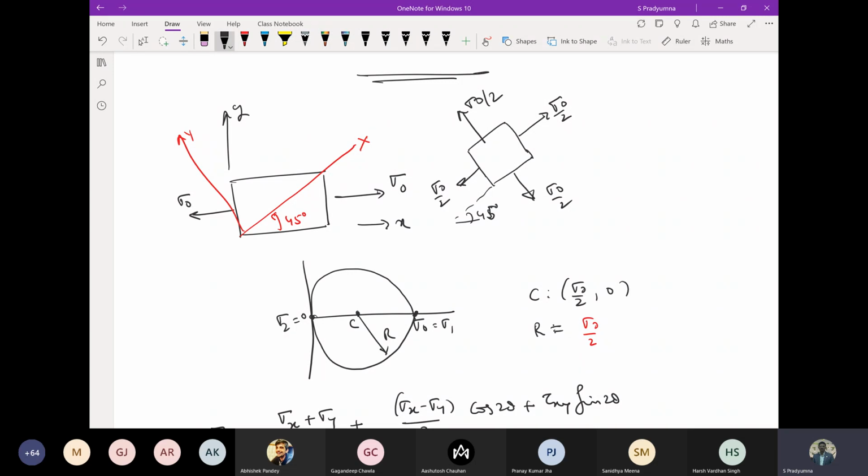And the shear stress value is also equal to sigma naught by 2. So this is the state of stress. All values are same. The shear stress, the normal stress, principal stress is sigma naught by 2 in both the directions. So this is about 45 degree.